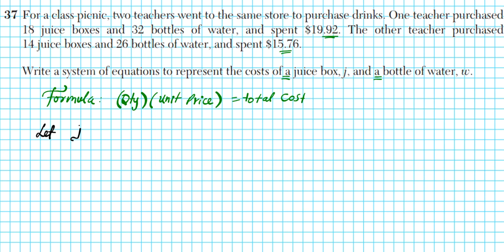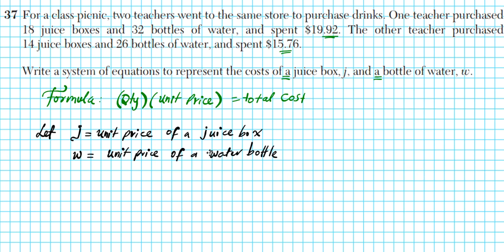We're going to let J represent the unit price of a juice box, and then we're going to call W the unit price of a bottle of water, of a water bottle. So using this equation right here, we're going to set up two equations. The first one will be for teacher 1, and then the second will be for teacher 2.